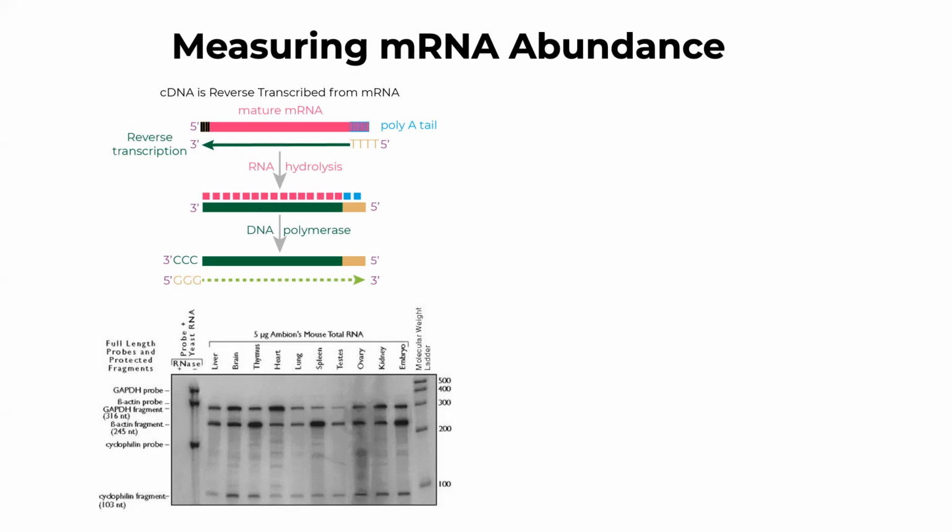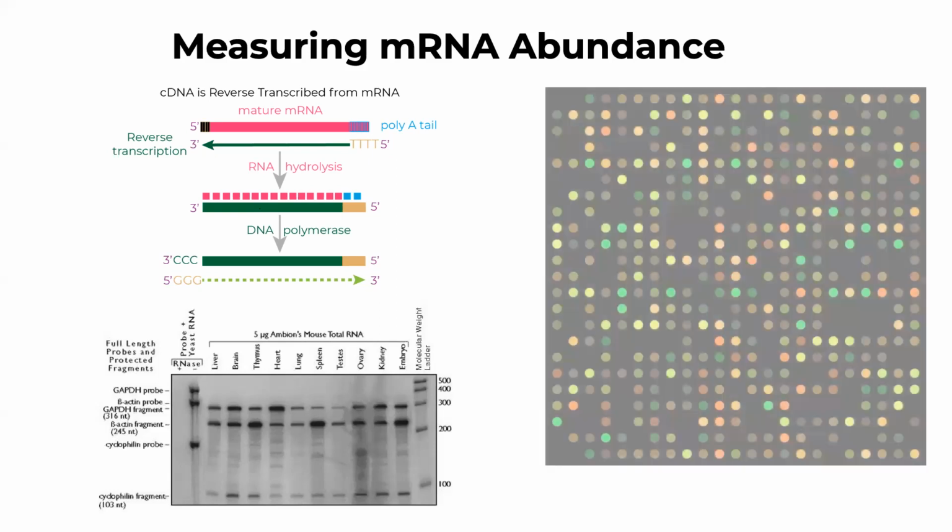After that, this is typically done in a gel, and you can see how much of a specific amplified RNA is present. You can either check that it is indeed there, or you can also quantify how much is there.